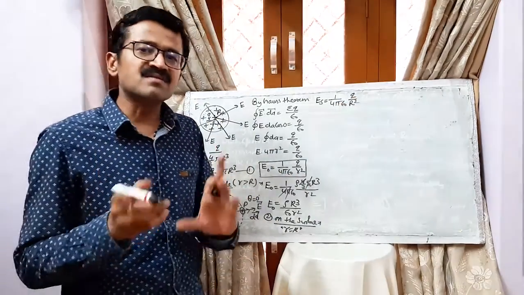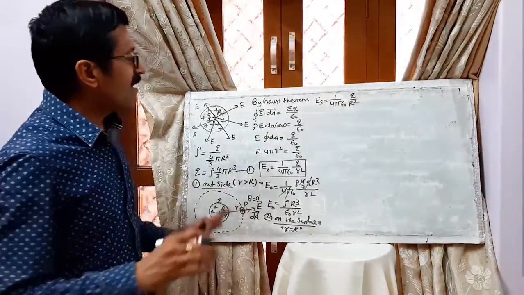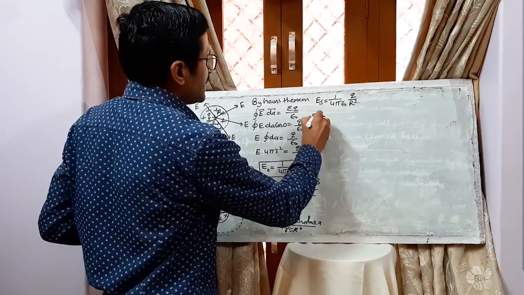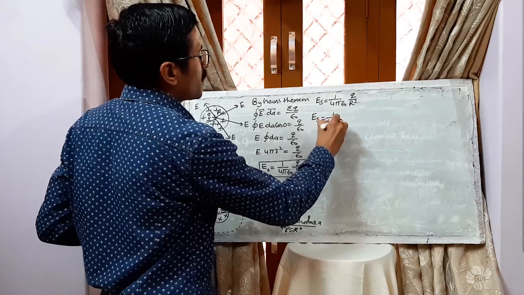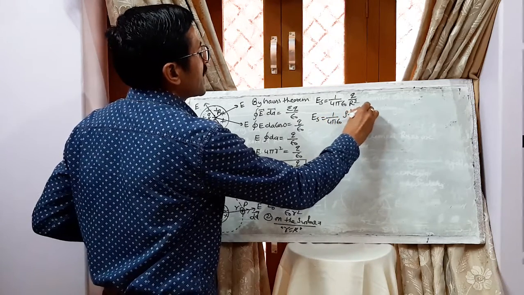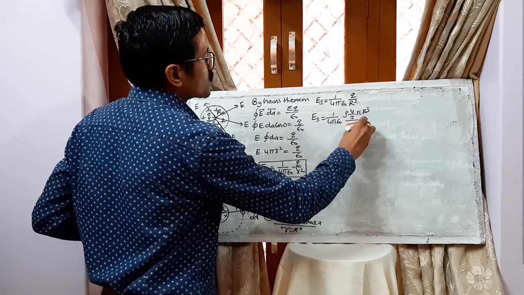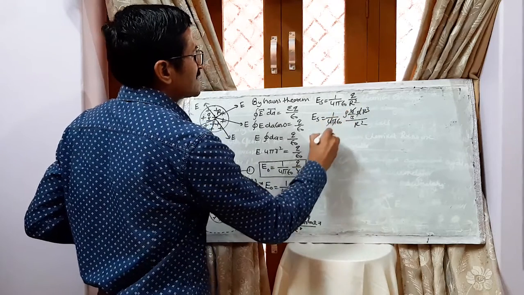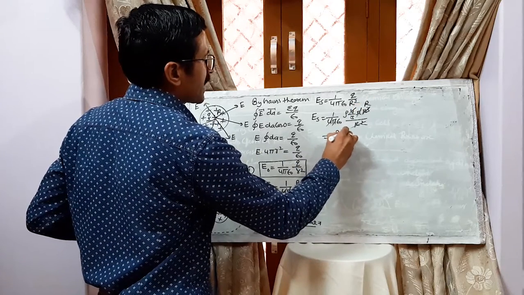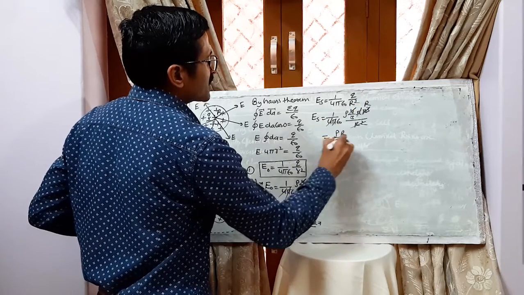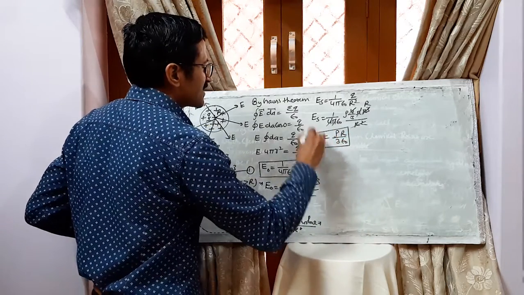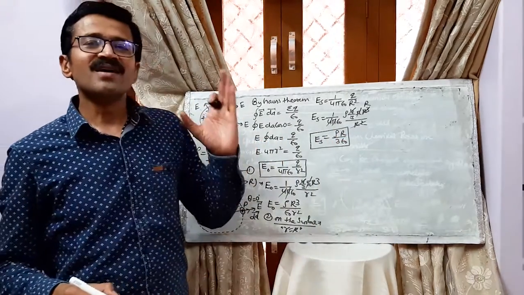Then in terms of rho, E surface is equal to 1 upon 4 pi epsilon naught, rho into 4 by 3 pi R cube upon R square. 4 pi will get cancelled, R square will get cancelled. There will remain rho capital R upon 3 epsilon naught. This will be E surface, the electric field intensity on the surface.